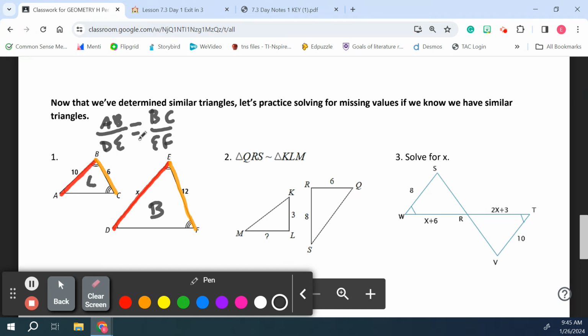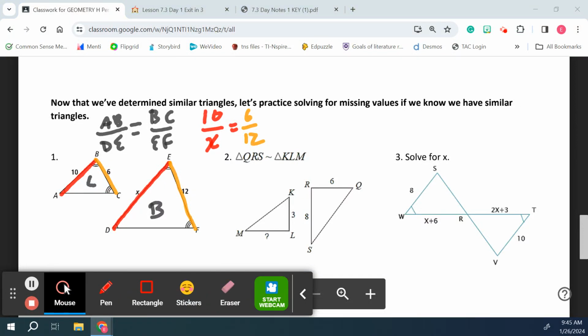All right, so now I'm going to set this up. I'm going to have 10 over x, and I'm setting that equal to 6 over 12. All right, so I'm going to cross multiply.